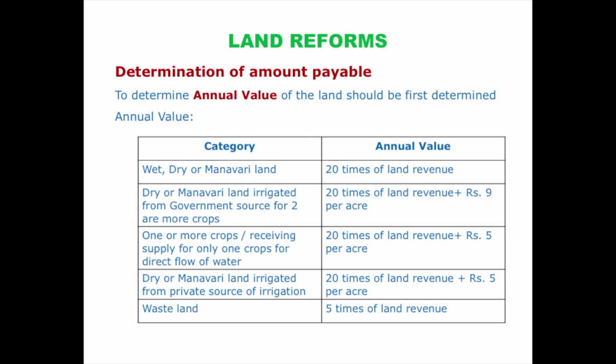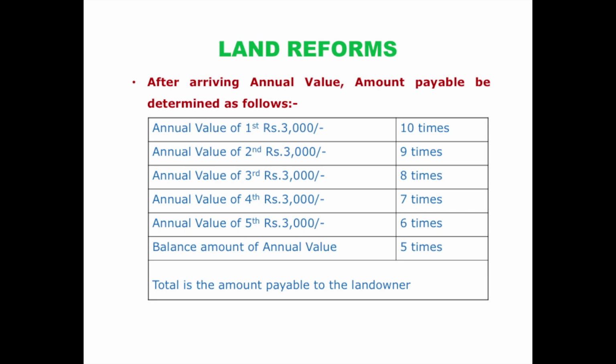For wasteland, that is land remaining uncultivated for 5 years immediately preceding the date of publication of notification under Section 18(1), it is 5 times of the land revenue. For calculation of amount, double crop and single crop and actual cultivation, the details recorded in revenue records have to be taken into account. After arriving at annual value, the amount payable is to be determined.